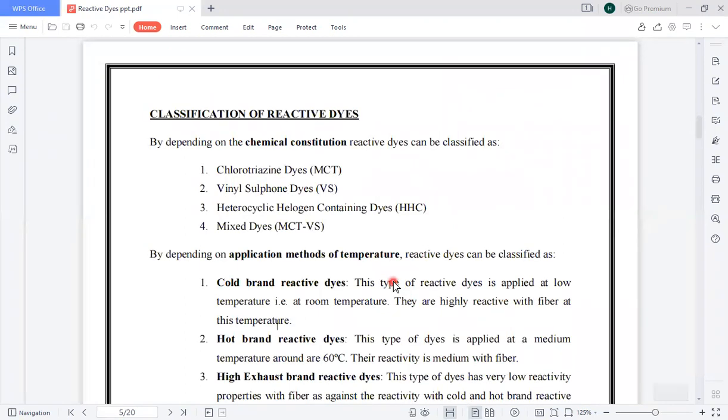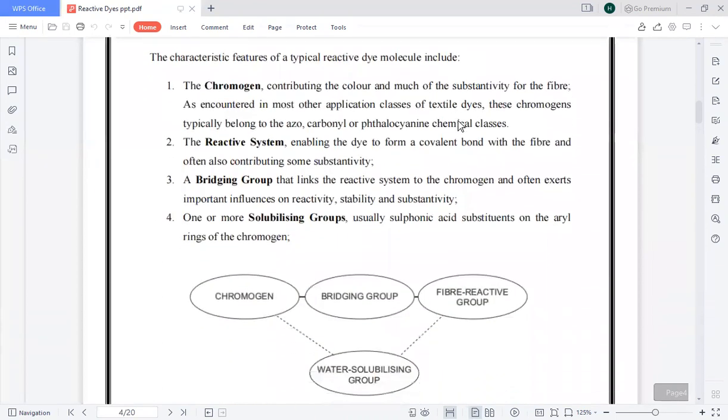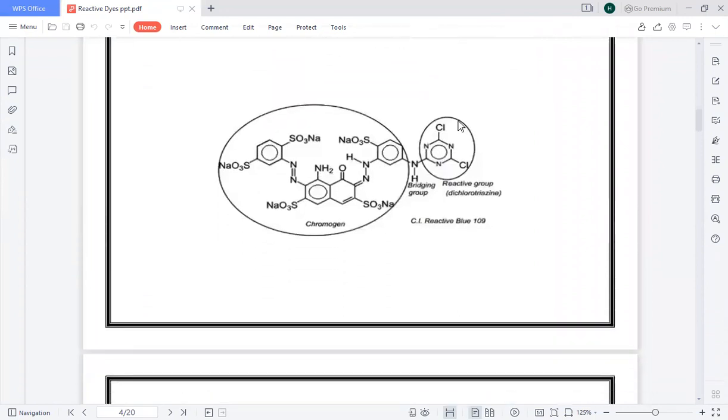So we have a real-time example here. This is an example of a reactive dye which belongs to the triazinyl compounds.